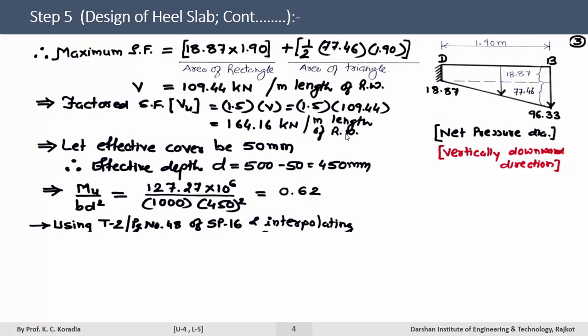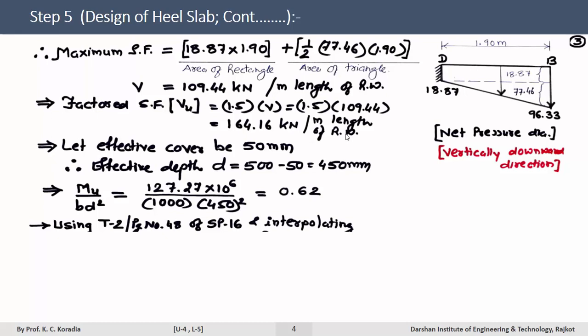Again, calculating the value of Mu upon bd square, where Mu is the ultimate moment, which is equals to 127.27 into 10 raised to 6, which is derived in our previous slide. Here we have converted kilonewton meter into newton mm, divided by 1000, that is the considered length of our retaining wall, into 450 square, where 450 is the effective depth of our base slab. The value comes out to be 0.62.